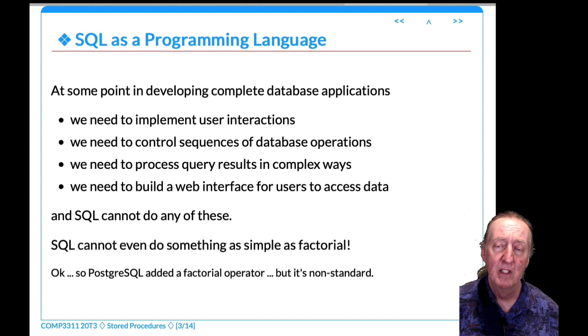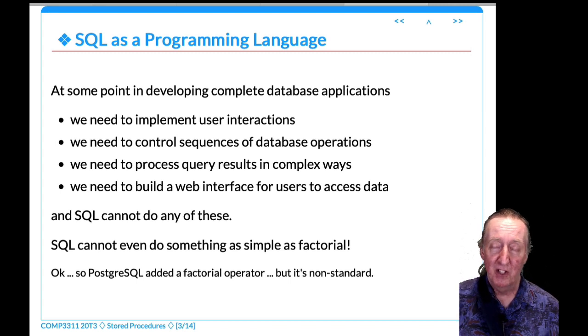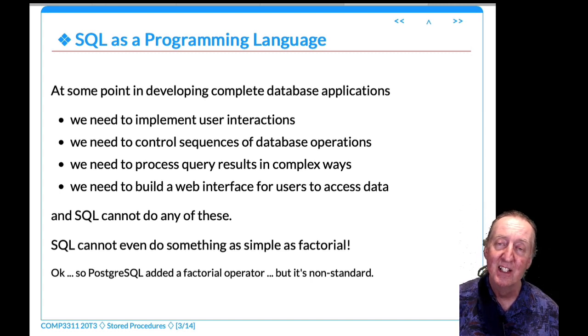And of course, ultimately we need to build a web interface so that users can access the data. And SQL is so dumb that it can't even do something like factorial. Someone must have said that at some point in the past because Postgres actually added a factorial operator.